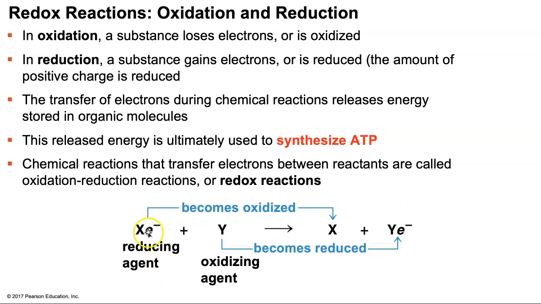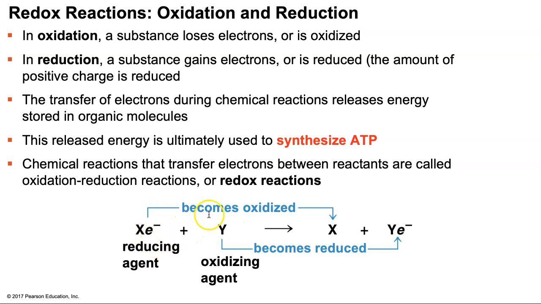So X started off with the electron and lost it. So X was oxidized. Y started off without the electron but gained it, right? So Y becomes reduced. Now you'll also see here that the one that becomes oxidized, the one that loses the electron, is what's reducing the other one, right?